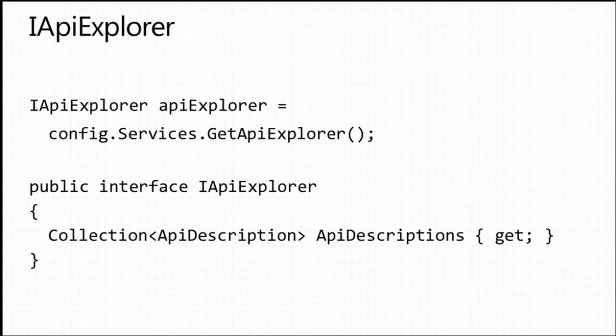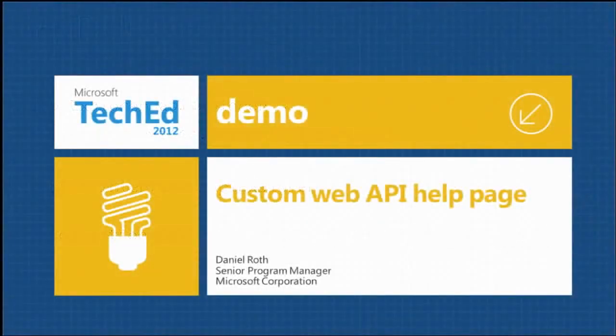It'll look at all the supported formatters. It gives you this information and lets you do whatever you want with it. If you want to serialize it to JSON or XML and create your own metadata format, you can do that. If you want to create an MVC app that uses that runtime data and builds a help page UI view, you can do that too. And that's what I've actually done in this demo app.